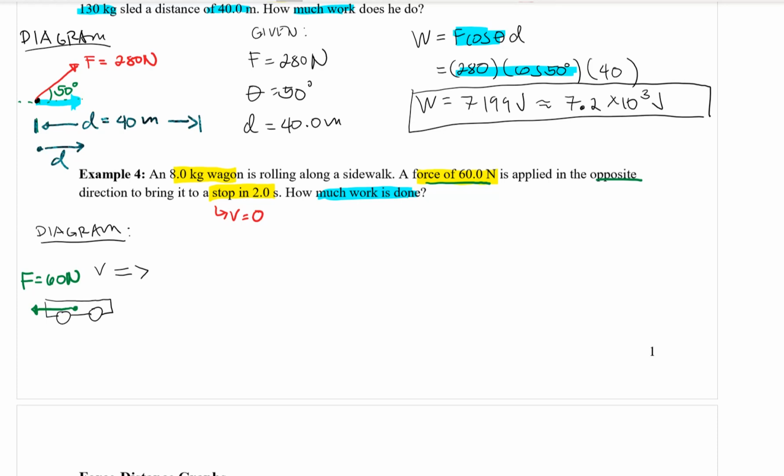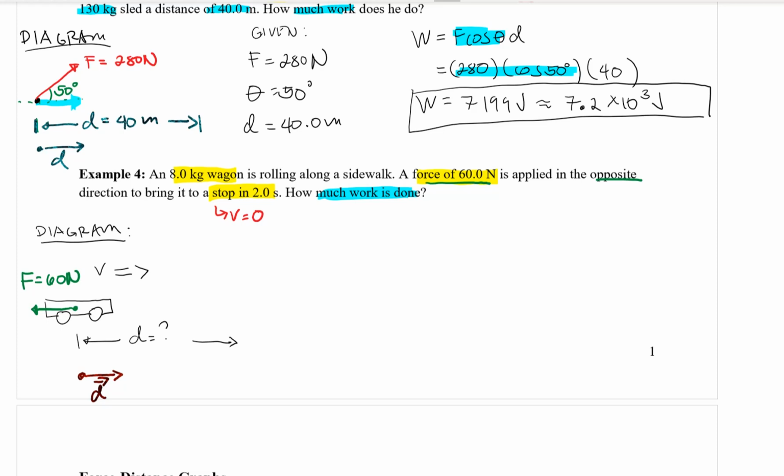In this orientation the wagon should be moving to the right, because the direction of the applied force is opposite to that. So the displacement would be given by this, but that's a question mark. What you're given though is that it will stop in 2 seconds. Again, the displacement is going to the right, but the applied force is to the left.